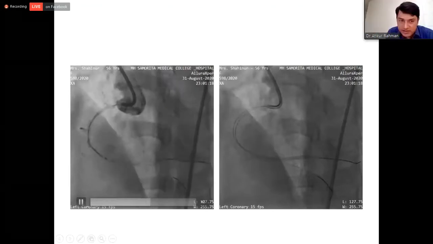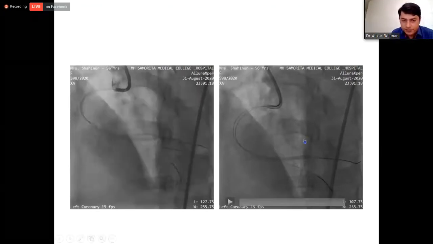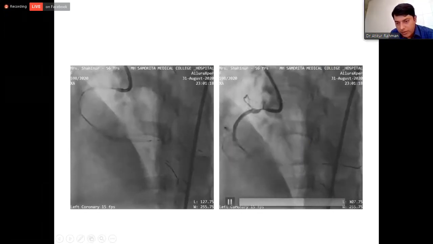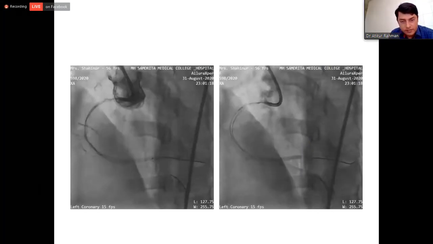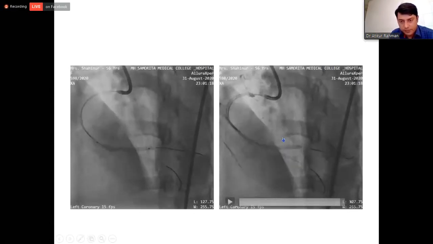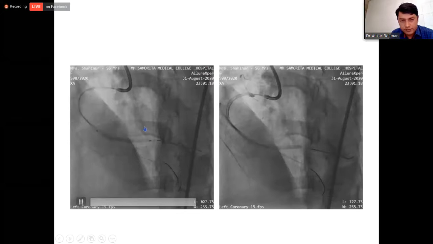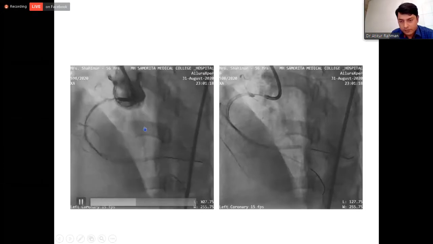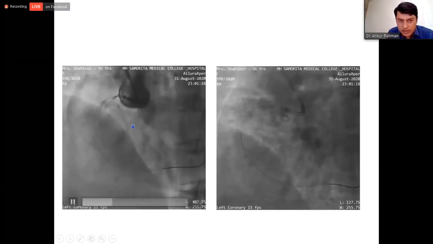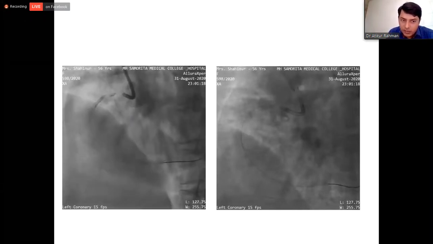Then the flow became diminished. We took out the balloon. We took out the wire as well, but the flow diminished further.